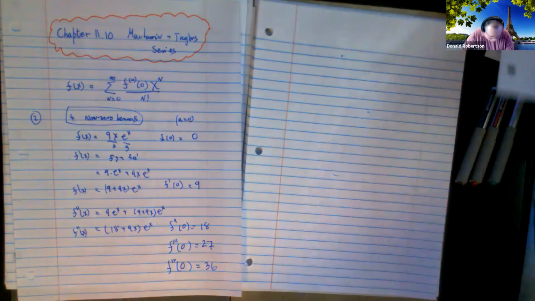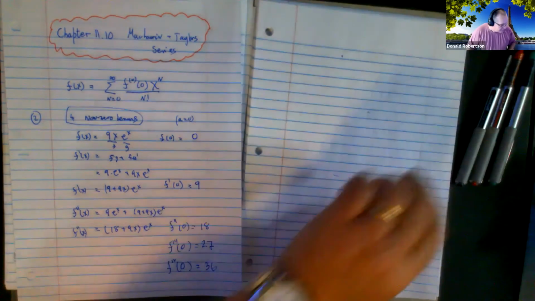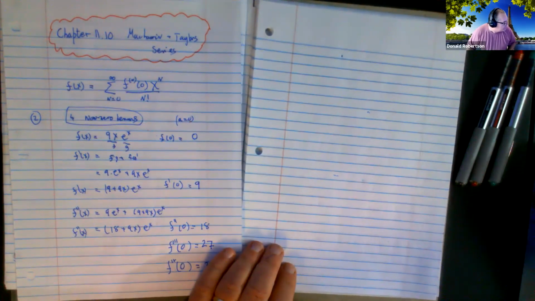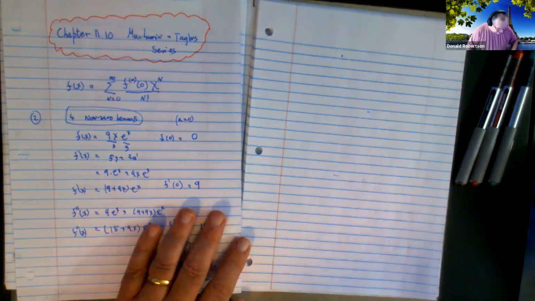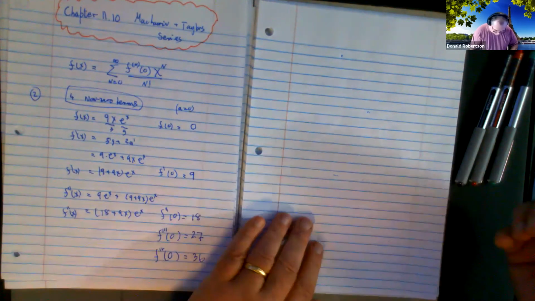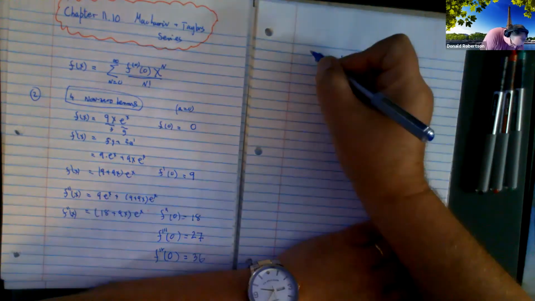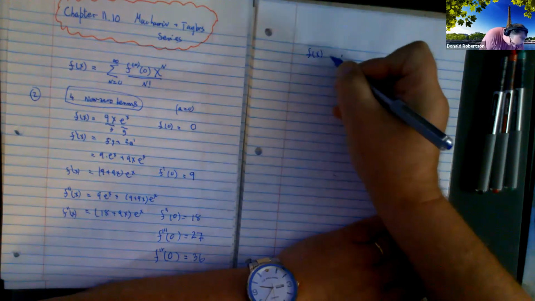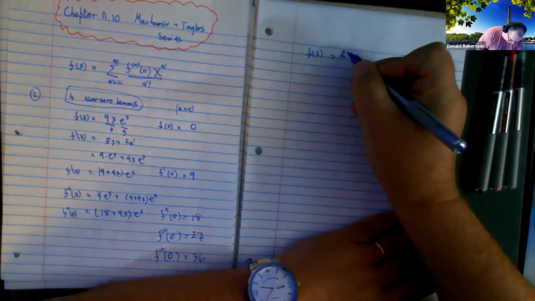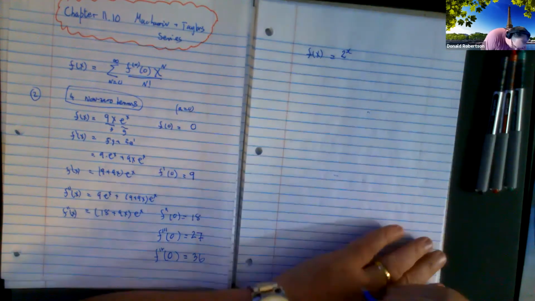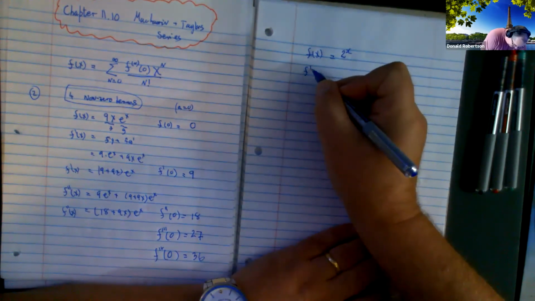Let's try to generate some more Maclaurin series. And I've got time, I hope, to do two. So the first one I'm going to do is 2 to the x. So jump right in.